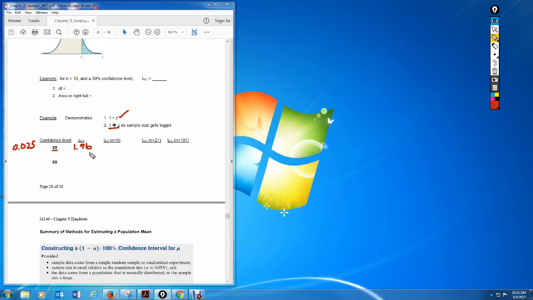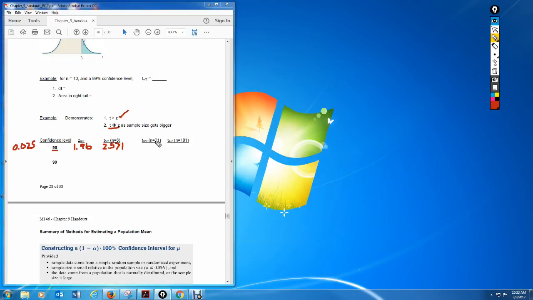Now, for a sample size of 6, which means the degrees of freedom is 6 minus 1, or 5, if you look it up in the table yourself, the critical t value is 2.571. Okay, so that's fairly bigger than the critical z-value, 1.96.